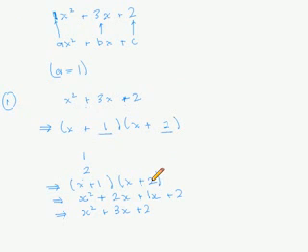Okay, so this is a fairly simple trinomial. It wasn't very hard for us to find the values. In the next video I'm going to look at a second example, trying to solve a slightly more complicated trinomial.